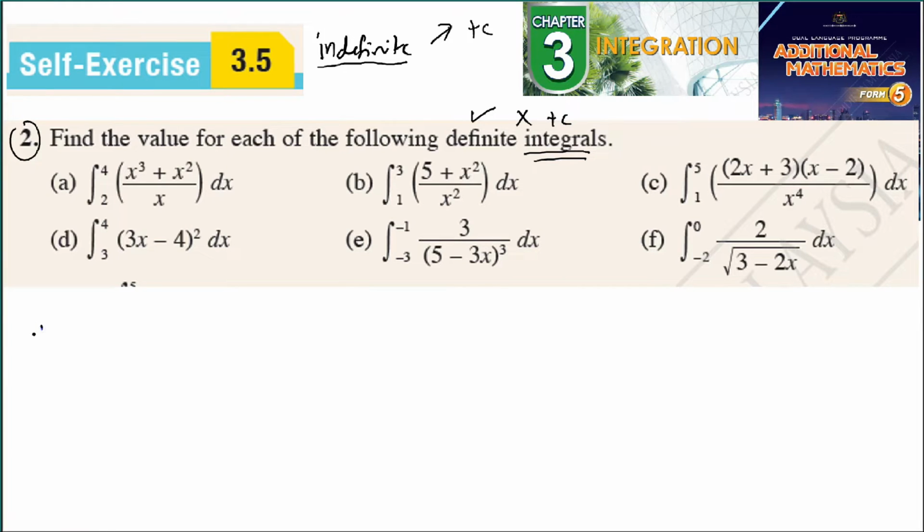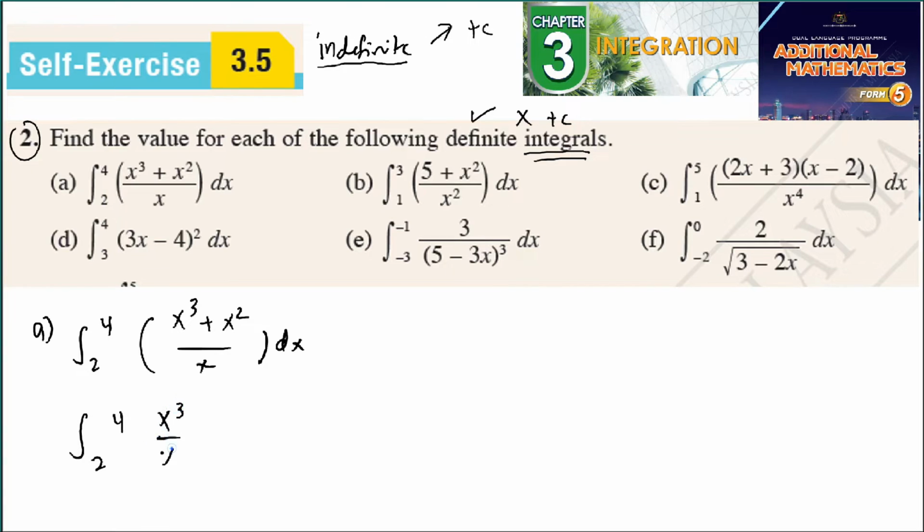Okay, so (a), 2 to 4, you have (x cubed plus x squared) over x dx, and you see this one is over x, so you can separate the equation. So 2 to 4, this one will be x cubed divided by x plus x squared divided by x dx. Here x cubed over x is actually x to the power 3 minus 1, right?